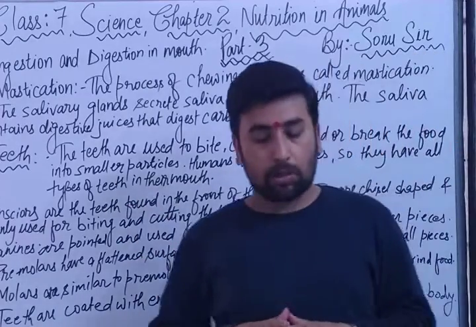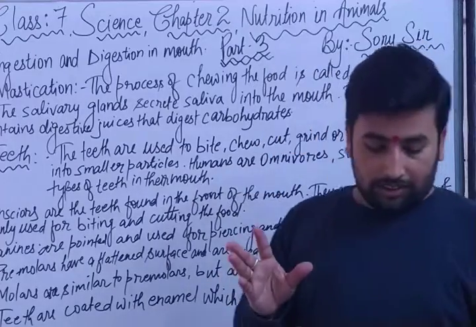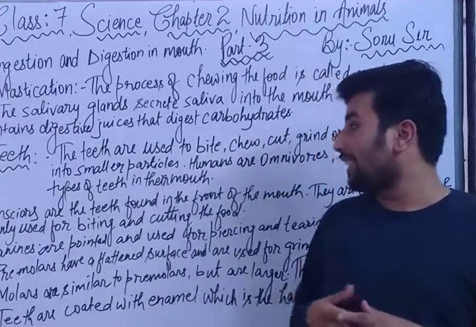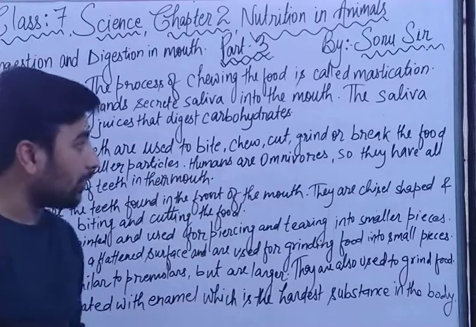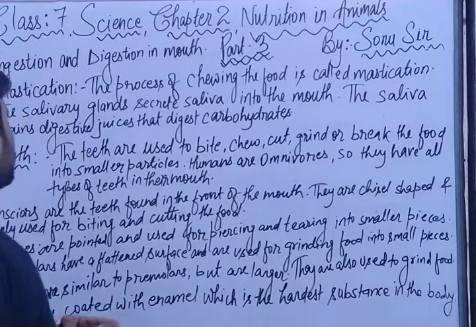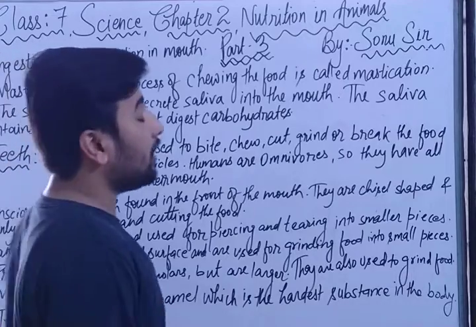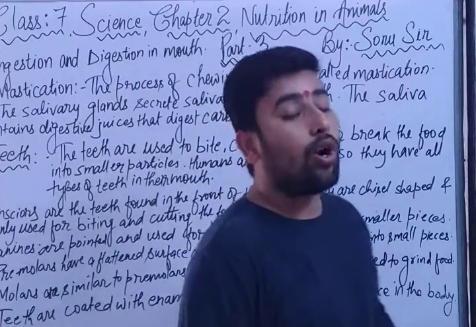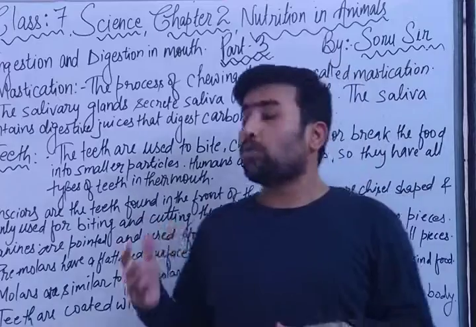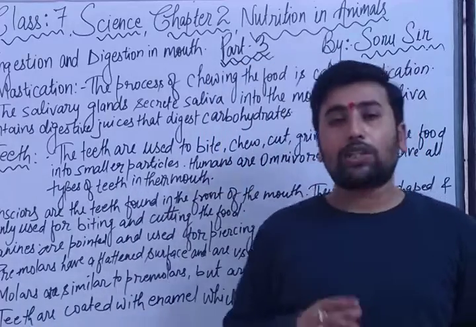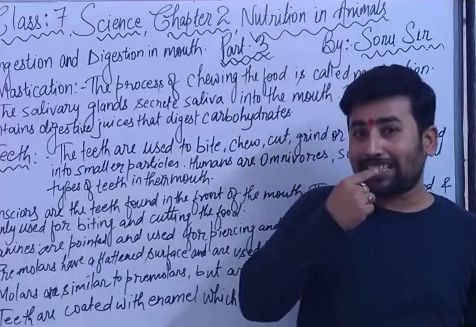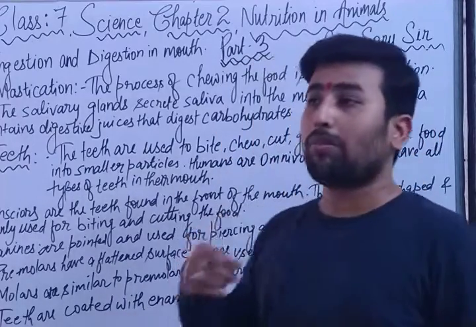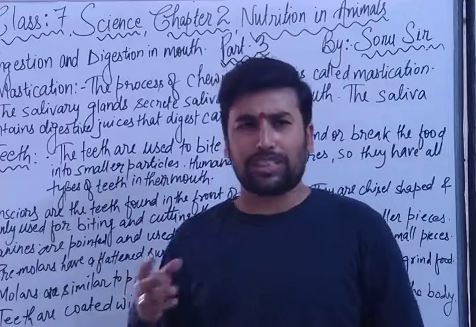Now let's discuss the teeth. Can you tell me what we do with the teeth? The teeth are used to bite, chew, cut, grind or break the food into smaller particles. When small kids are there, they bite their parents' fingers and many more things.